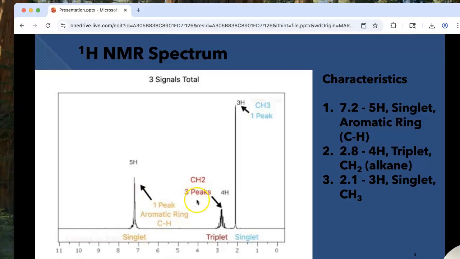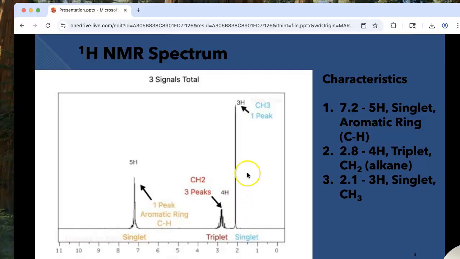Next to that, we have this here, which can indicate 3 peaks. This could potentially show 2 CH2 groups, because it has 4 hydrogens as its integration value, and the multiplicity is a triplet, meaning that it would neighbor an additional CH2 group or have 2 neighboring hydrogens of some kind next to it.